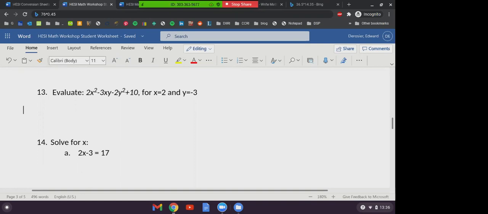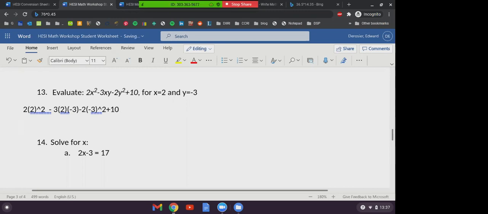So wherever we see x, we're going to put in 2. Minus, and wherever we see y, we're going to put in negative 3. Now be careful that you don't lose the negatives because they make a difference. A lot of people either misread or don't see the negative there, but it is there. So just be careful of that on the test as well.